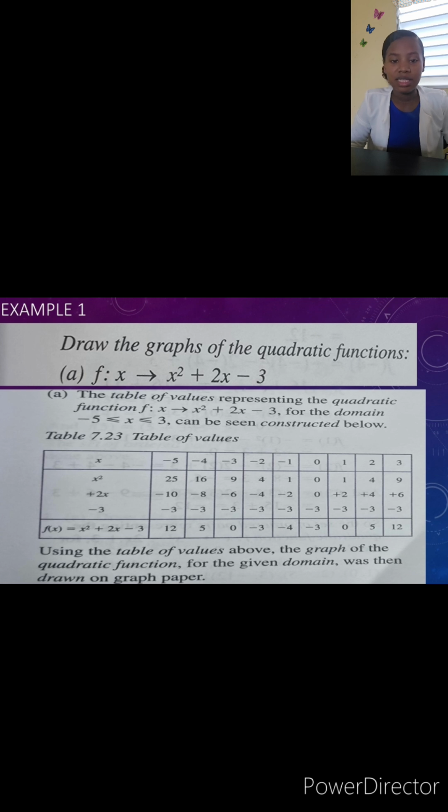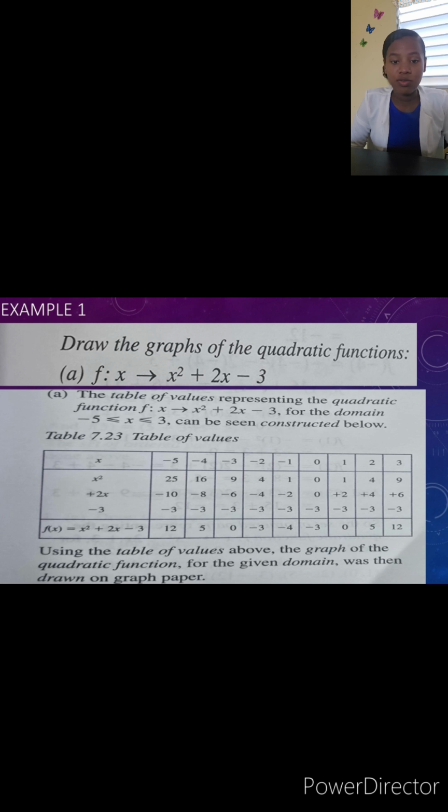And lastly, our x value is -2 and our y value is -3. Our x value is -1 and our y value is -4.